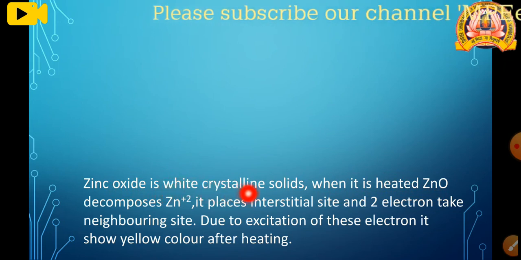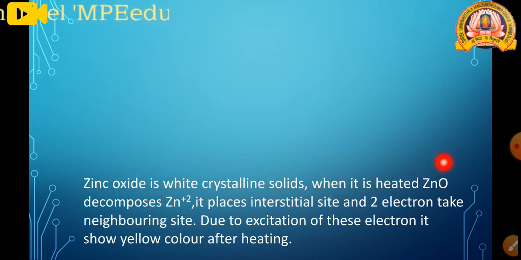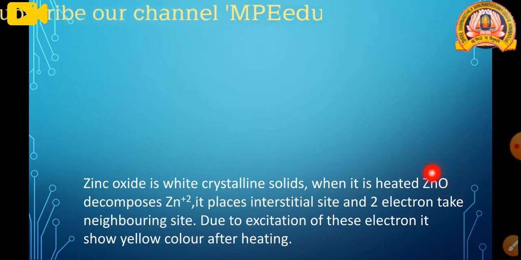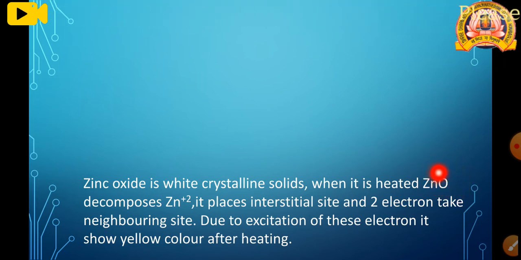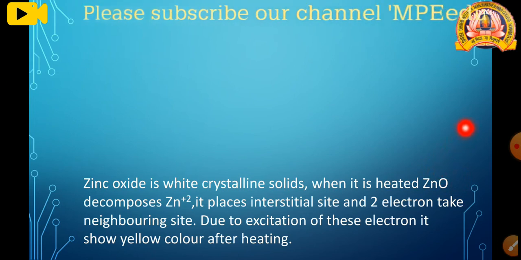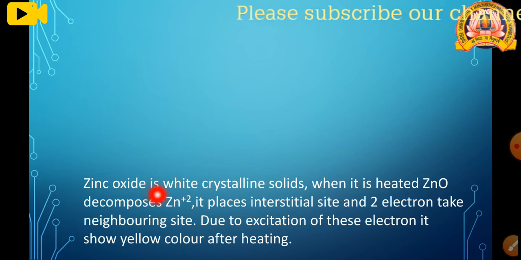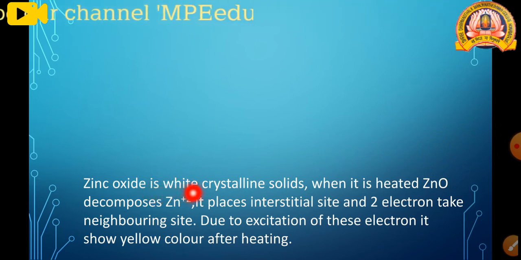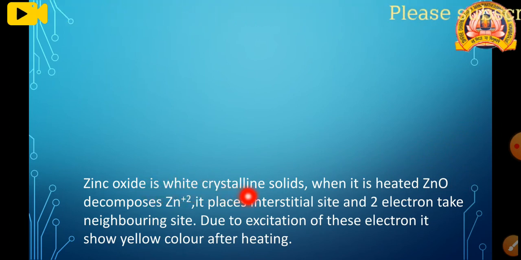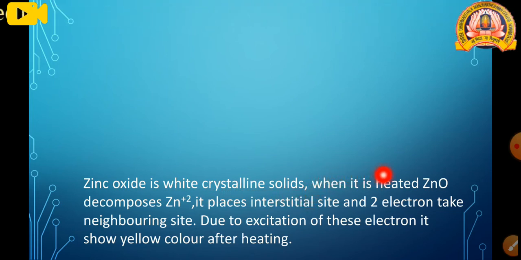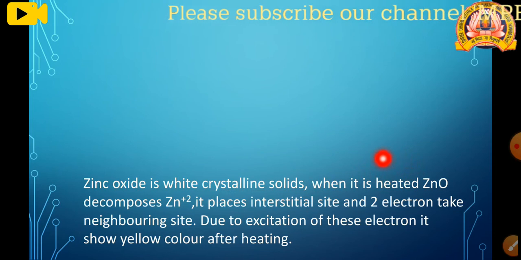Why? The oxygen in the zinc oxide evaporates. When oxygen evaporates, only zinc ion remains, Zn²⁺ remains, and electrons remain. That electron undergoes excitation, therefore it looks yellow. When we remove the flame, it again takes oxygen from the atmosphere and turns white.